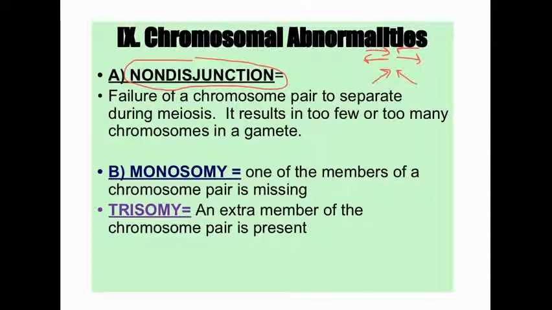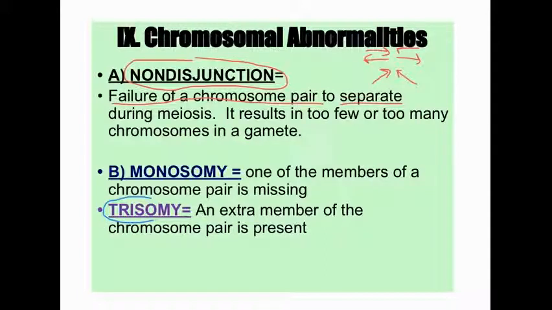Anyways, non-disjunction is a failure of chromosome pairs to separate away from each other during meiosis. During meiosis, they're supposed to be ripped apart from each other. Remember how in anaphase, the chromosomes are ripped apart? Well, every now and then, the chromosomes are unable to separate. That can lead to basically one of 2 things.